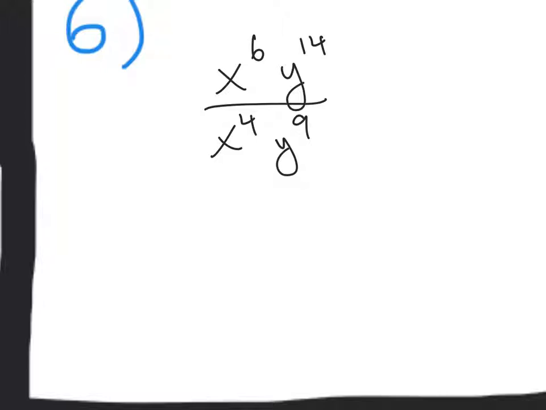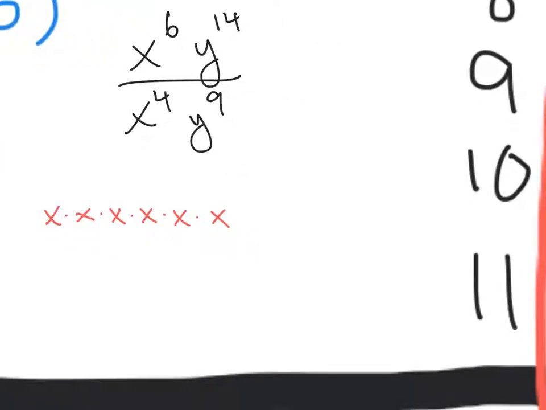Okay, so let's go ahead and write both the top and bottom in expanded form. So the top would look something like this: x times x times x times x times x times x. Since we have x to the 6th, there's 6 x's. And then y would be times y times y times y, I'm just going to keep going.